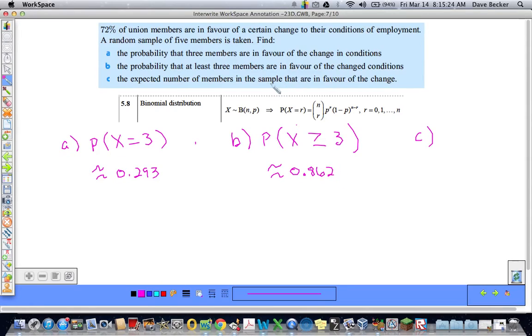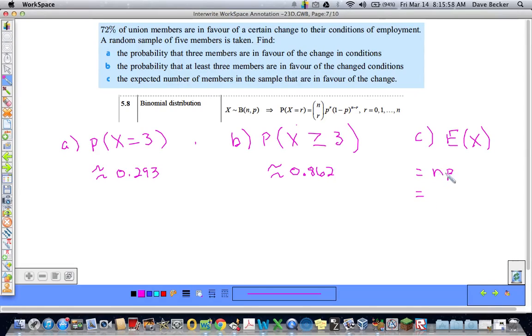So this would be equal to about 0.862. This is wonderful. And part C, the expected number of members in the sample that are in favor of the change. Well, the expected value, EX, which I believe is on your formula sheet, is equal to np. Very simple.